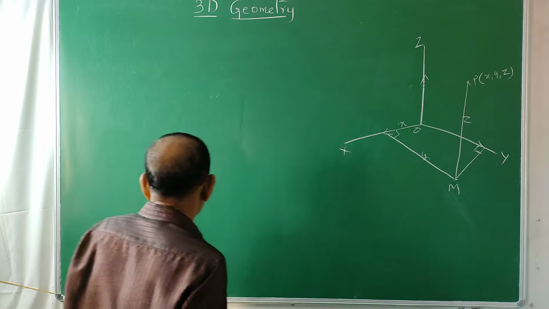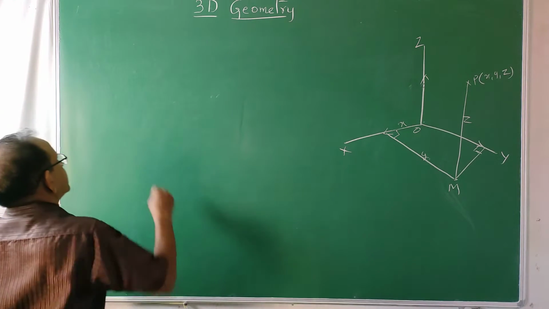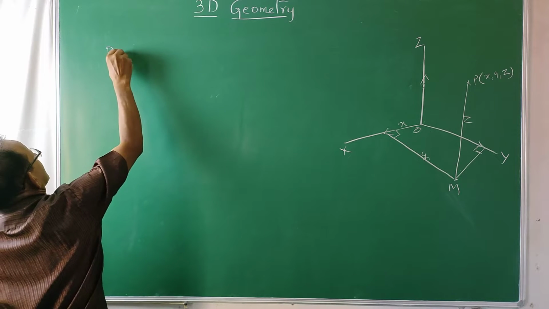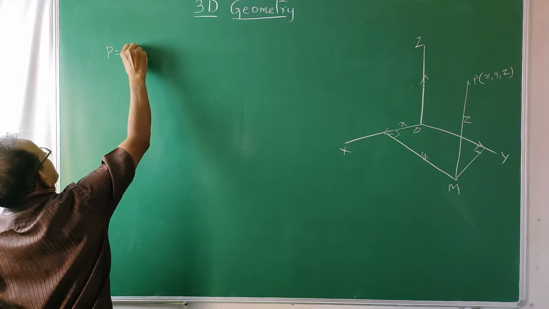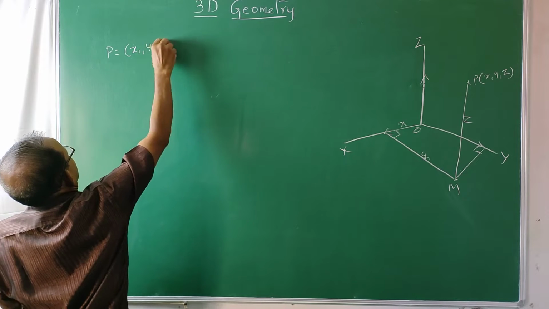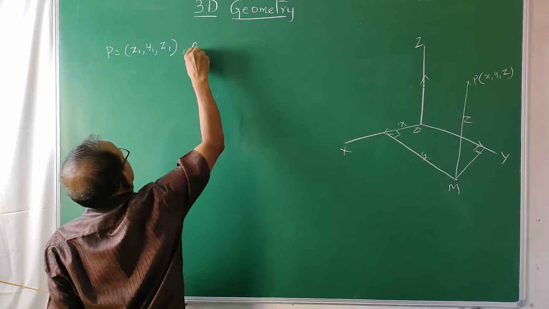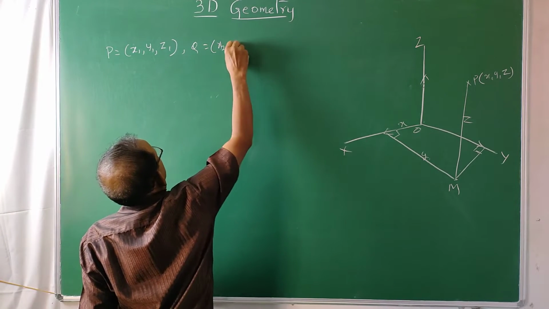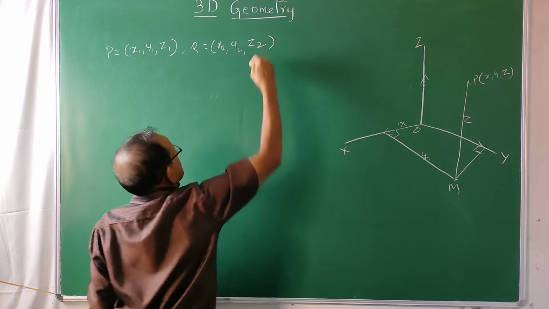Now, if you take 2 points P and Q, P is equal to x1, y1, z1, and Q is equal to x2, y2, z2.